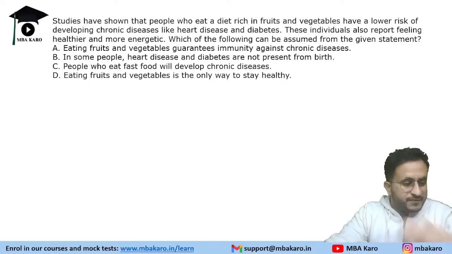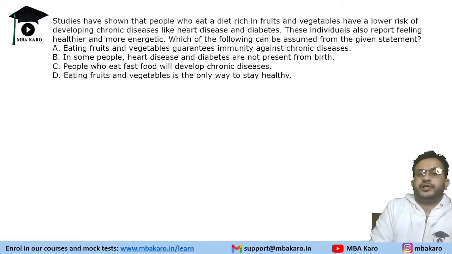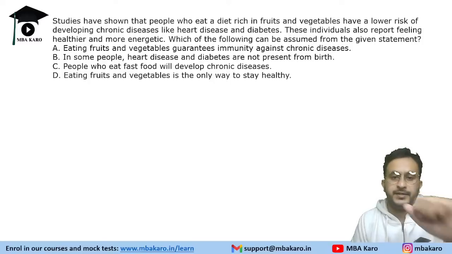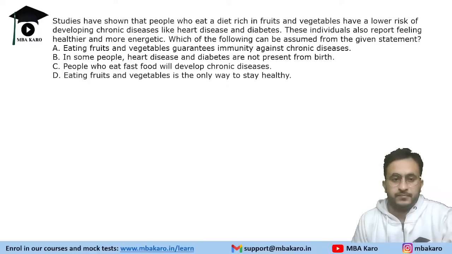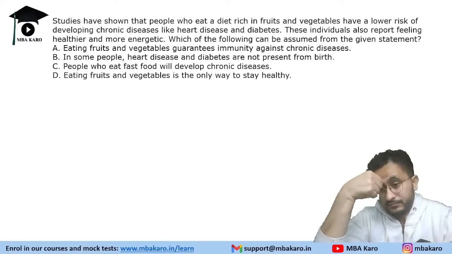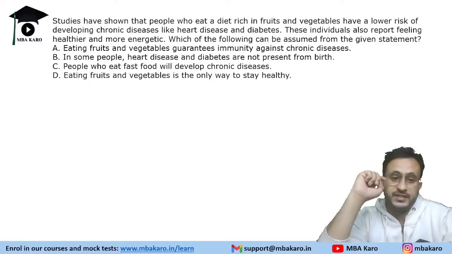So studies have shown that people who eat a diet rich in fruits and vegetables have a lower risk of developing chronic diseases. We need to tell which of the following can be assumed from this. A and D both have extreme words in them.